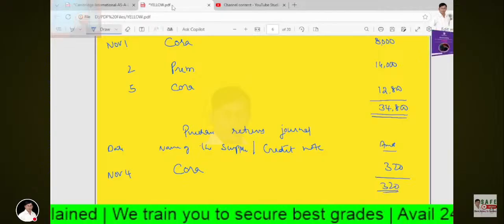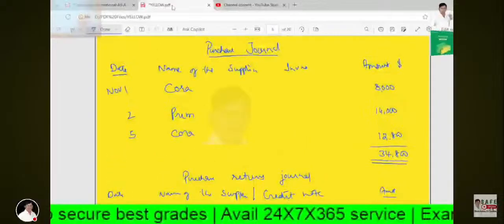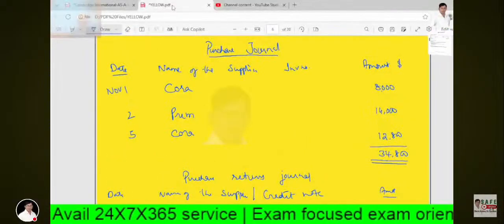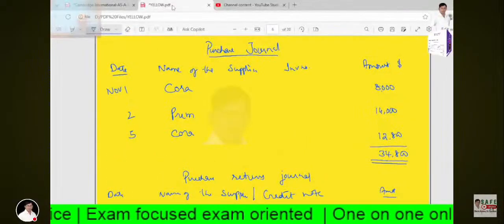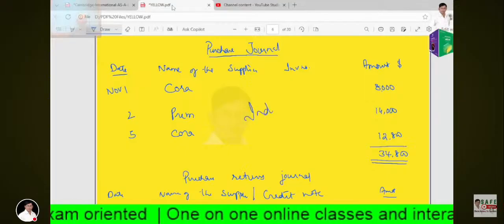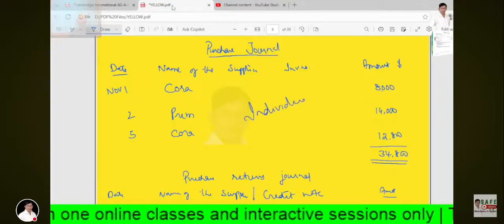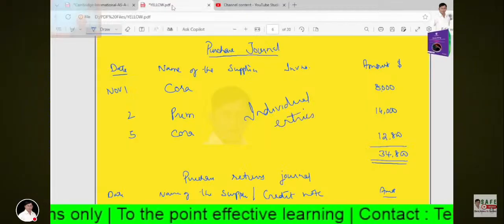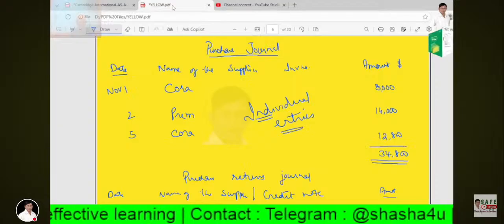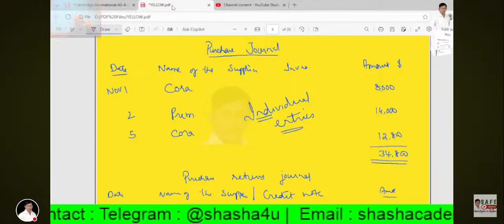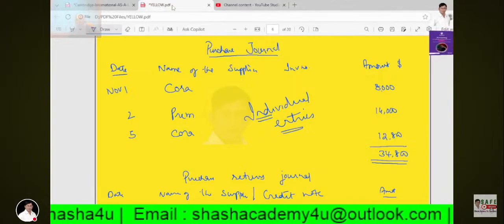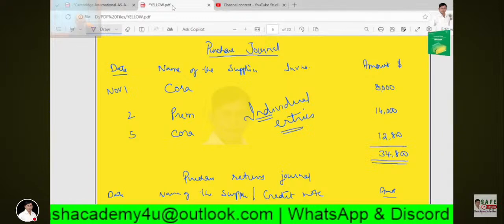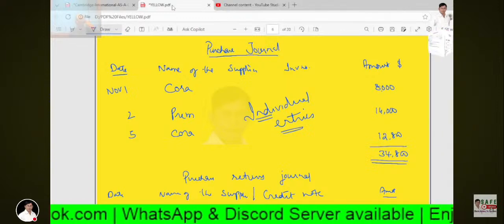Remember one thing. When we are writing the purchase journal, we are recording individual entries. Very important. This way you will remember this again, when you are preparing control accounts, when you are reconciling control accounts.